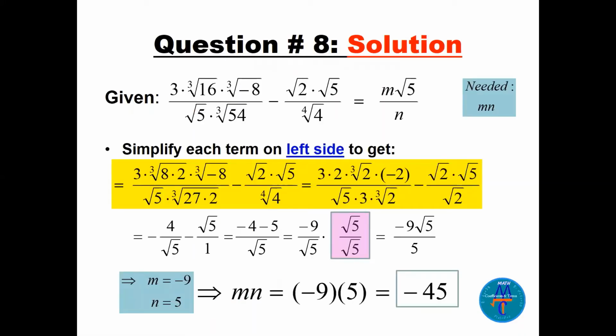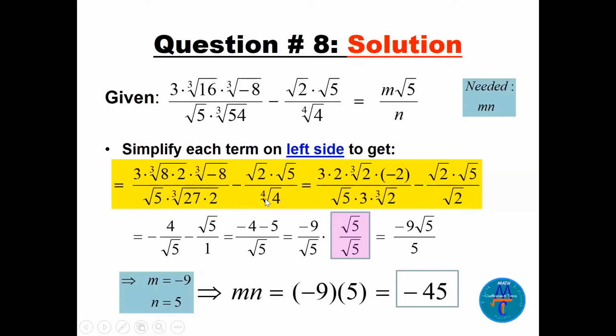Now let's see. Simplify. Cube root of 16, I make it 8 times 2. So this is the yellow stuff here. Cube root of minus 8, directly it will be minus 2. It's minus 2, minus 2, minus 2. 54, I make it 27 times 2. And this is square root of 5.